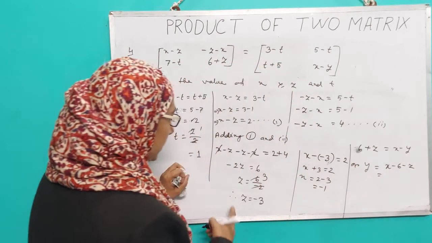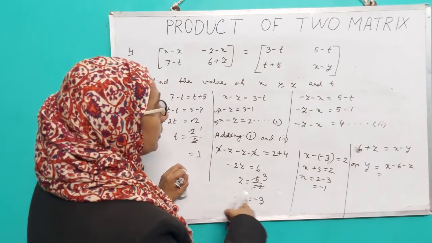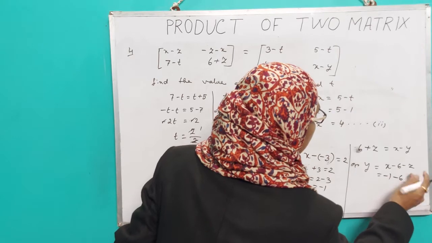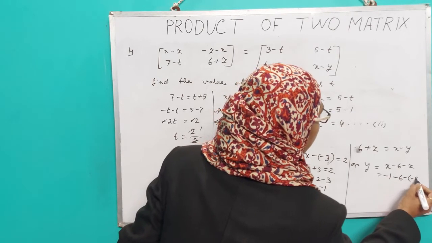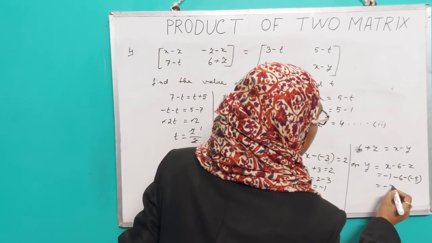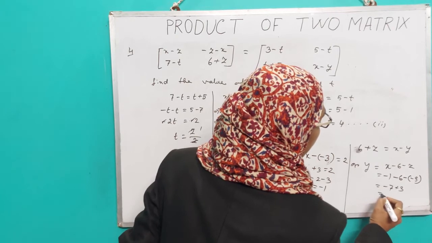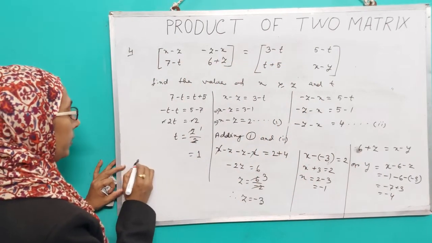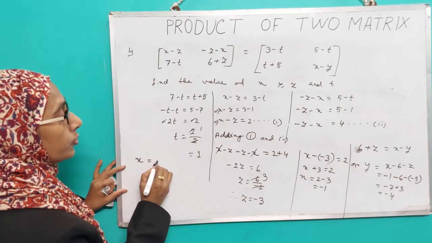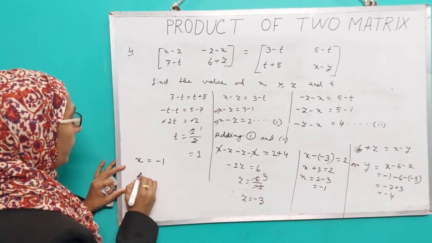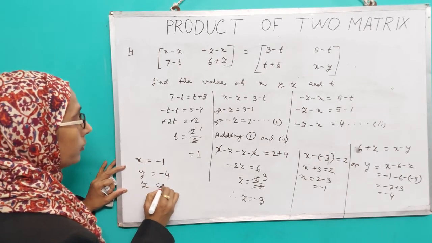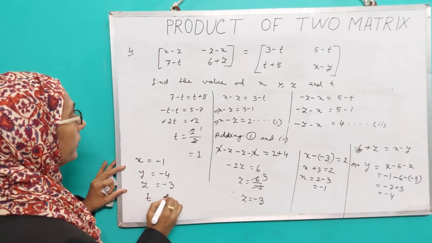The value of x is minus 1, so minus 1 minus 6, and the value of z is minus 3, minus 7 plus 3 equal to minus 4. Therefore the required answer is x is equal to minus 1, y equal to minus 4, z equal to minus 3, and t is equal to 1.